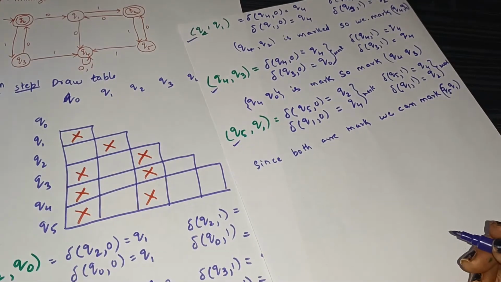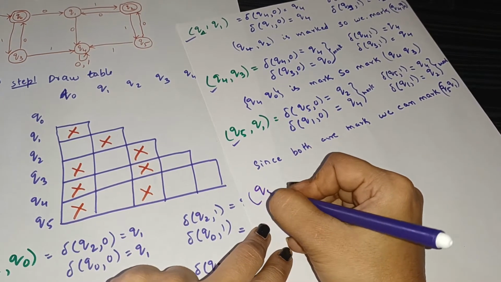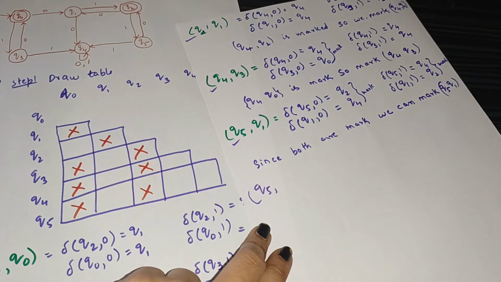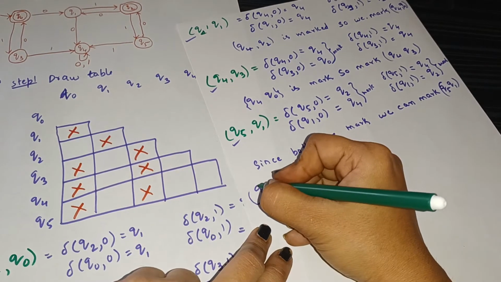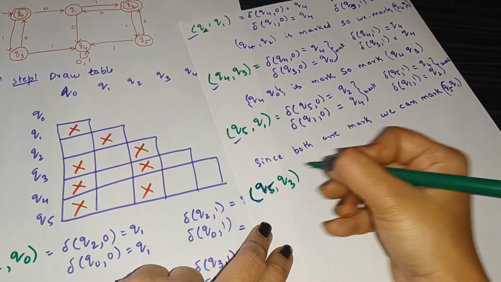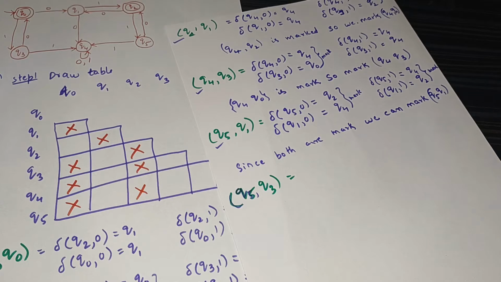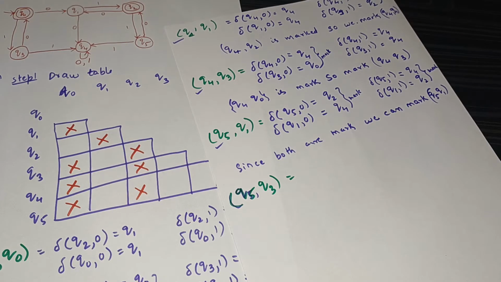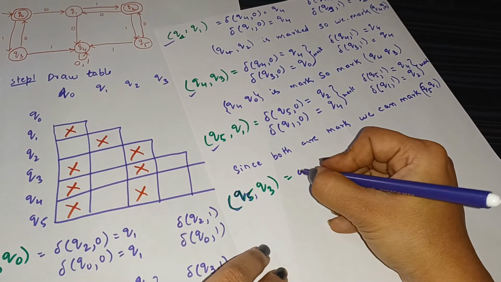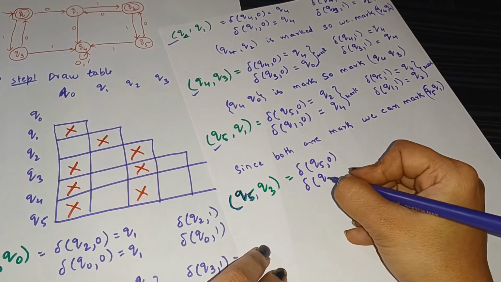Next, Q5, Q3 is unmarked. So we'll check for this unmarked box. Delta transition of Q5 on 0, delta transition of Q3 on 0.